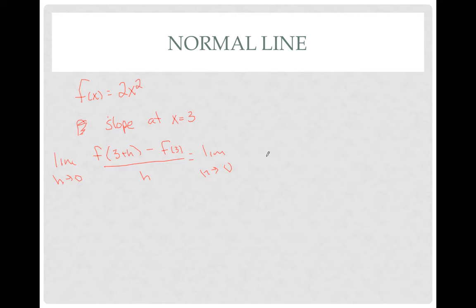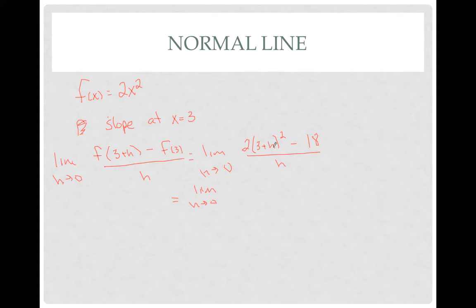And I would just do the process. If I plugged in 3 plus h into the function, this would be 2 times 3 plus h squared minus f of 3. 3 squared is 9 times 2 is 18, all over h. And I just have to do the math.